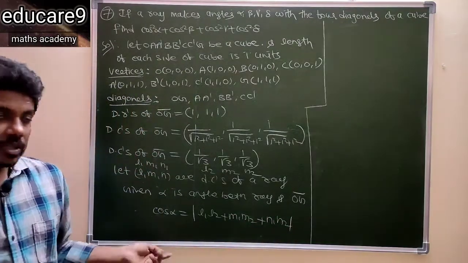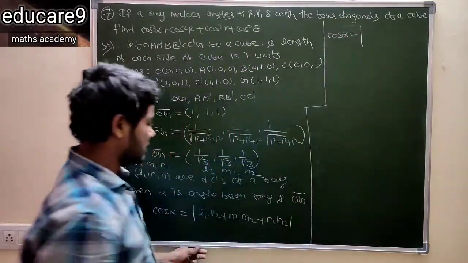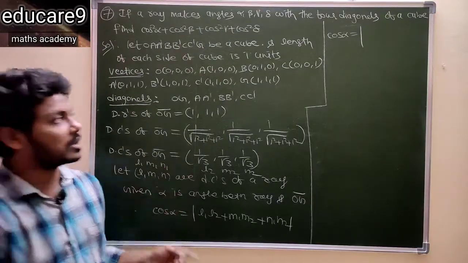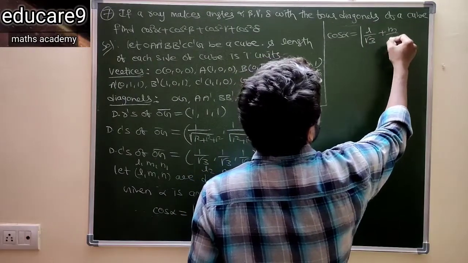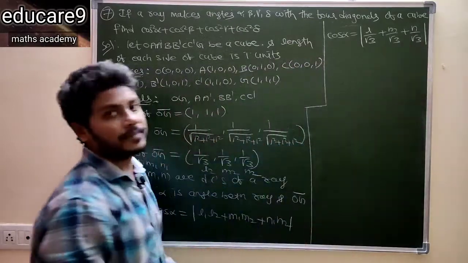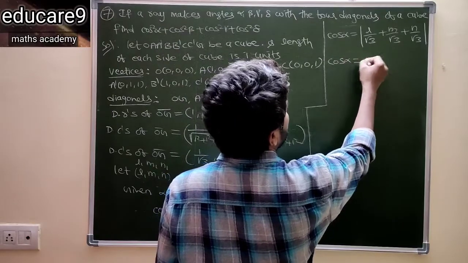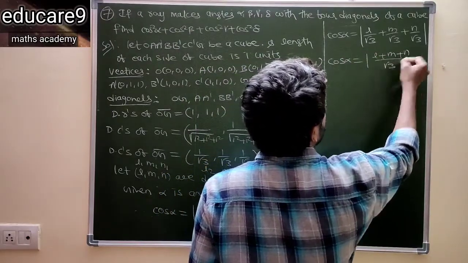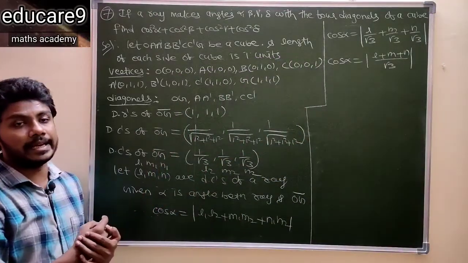Now see here, cos alpha is equal to l into 1 by root 3, that is l by root 3, next m by root 3, next n by root 3. So clearly cos alpha is l plus m plus n by root 3. Next, find the DRs of A dash.